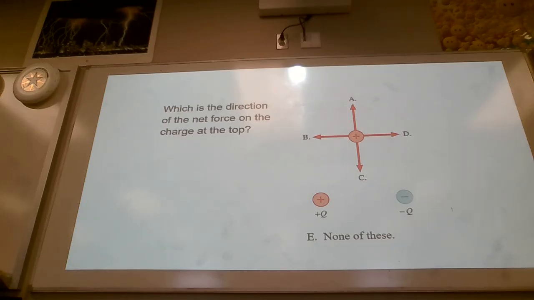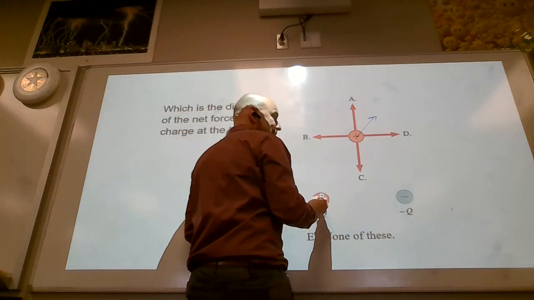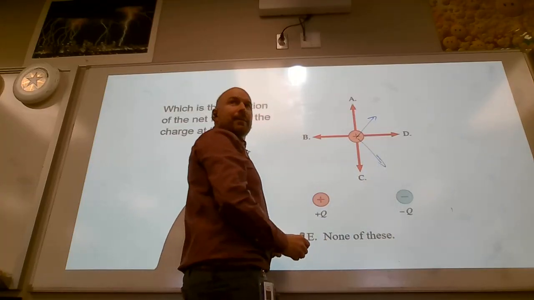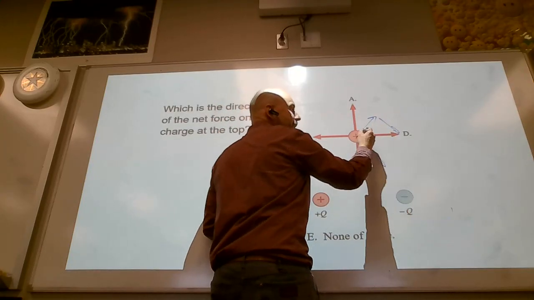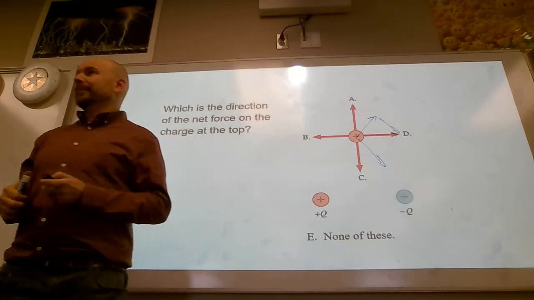Correct answer is, tell your neighbor. Is everybody good with D? This is repelling. This is attracting. Find the resultant. D. Good?